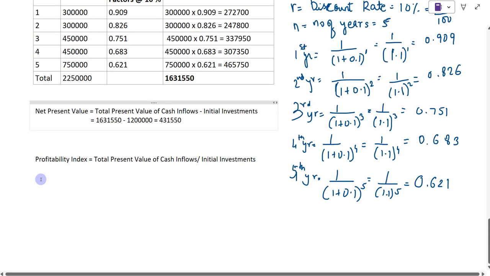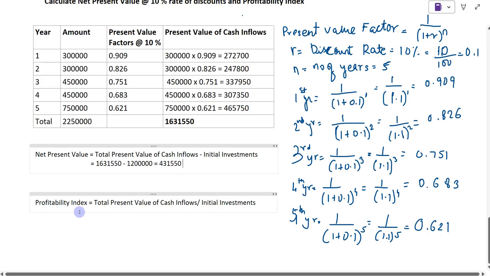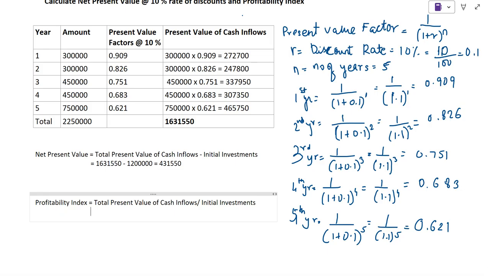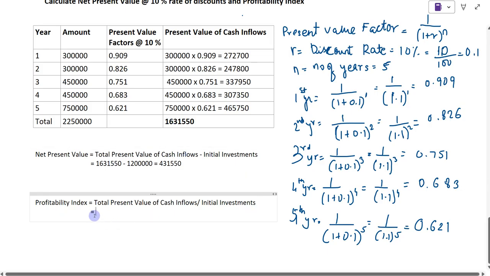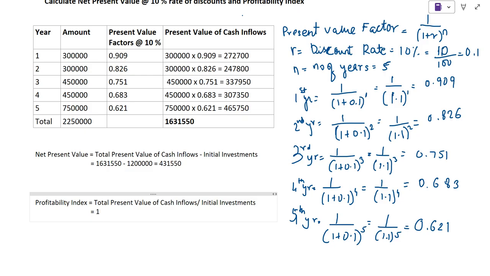So the net present value is 4,31,550. Now next we have to find the profitability index. The formula for profitability index is total present value of cash inflow divided by initial investment. The total present value of cash inflow is 16,31,550, divided by the initial investment of 12 lakhs.